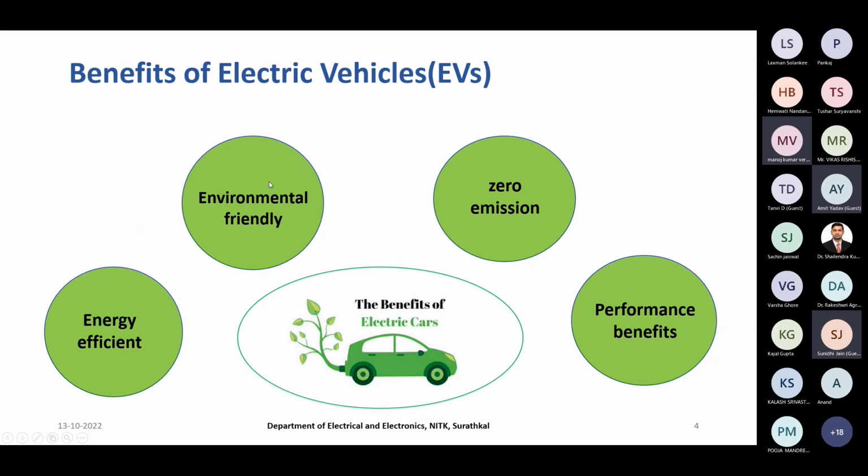Here we see the benefits of electric vehicles, which we all know well. I'm just giving a brief idea of what an electric vehicle is and what the advantages are. It is energy efficient, environment friendly, and has zero tailpipe emission, and the performance benefit is far better if we provide a proper battery management system with advanced techniques, where the performance benefits can be further improved.